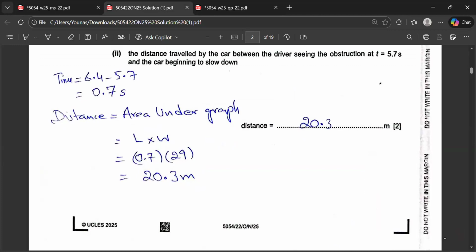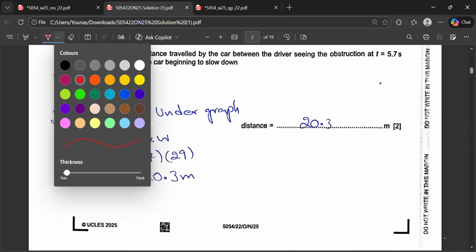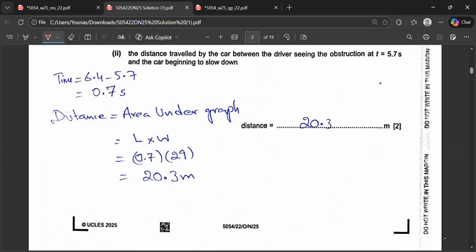The length is 6.4 minus 5.7, that's 0.7 seconds, and the speed is 29. That is the width of the rectangle. So 0.7 times 29 gives 20.3 meters.